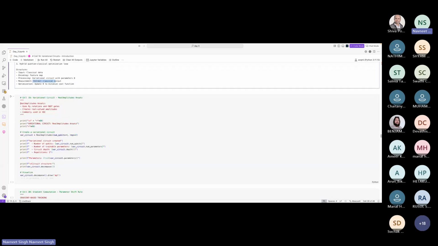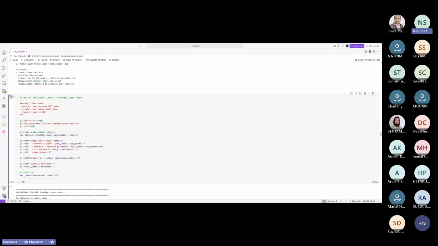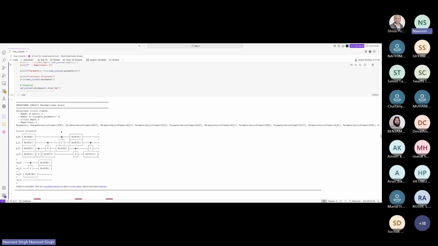So let's start with the RealAmplitudes ansatz. This is how it looks.